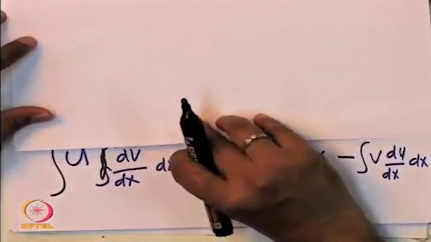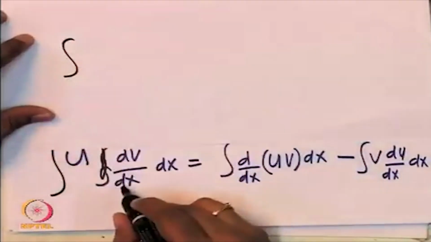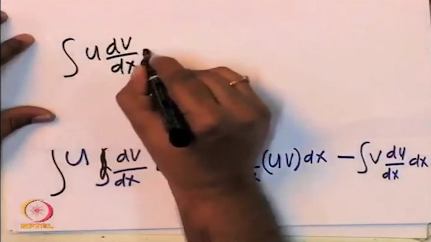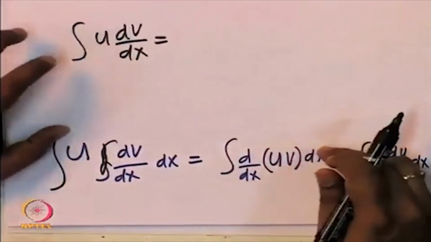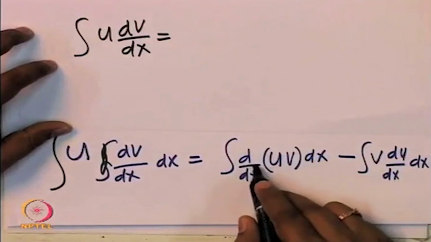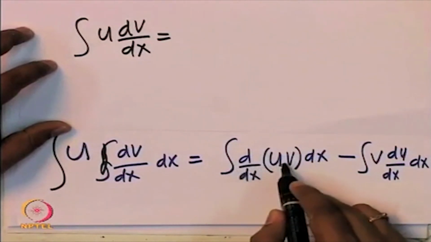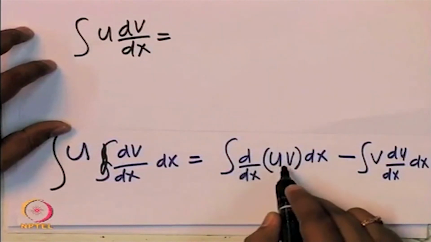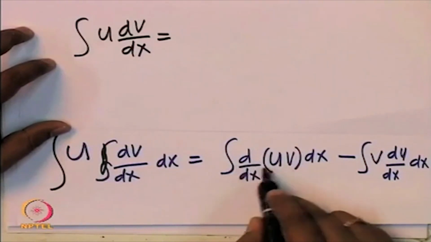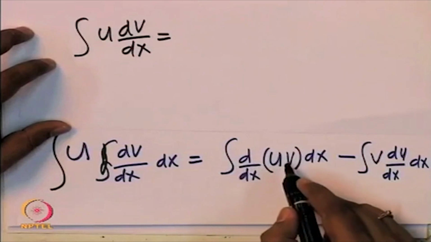So, what do I write? Integral u dv by dx is equal to d by dx of uv dx. So, the integral of a derivative of a function is the function itself, because integral we said is an anti-derivative. So, the integral of d by dx of uv is uv itself.